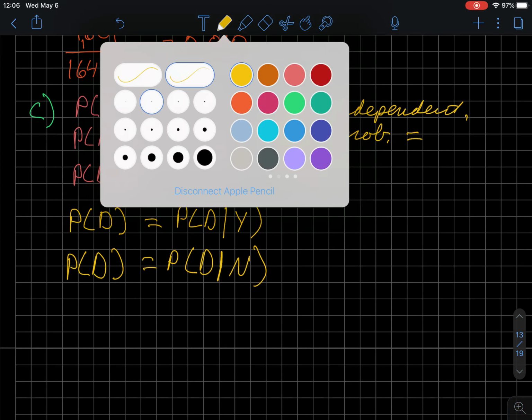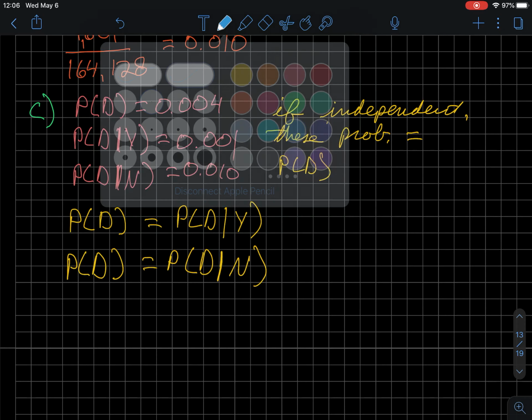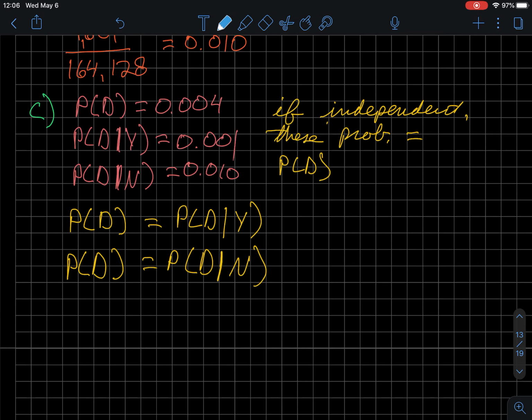The answer is pretty simple: 0.004 does not equal 0.001, and 0.004 does not equal the probability of dying given that you were not wearing a seatbelt.